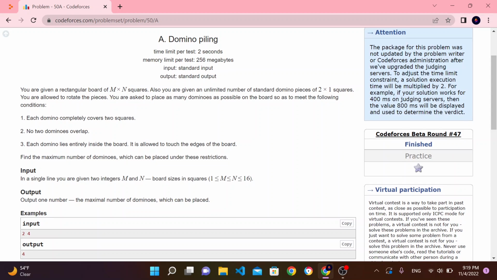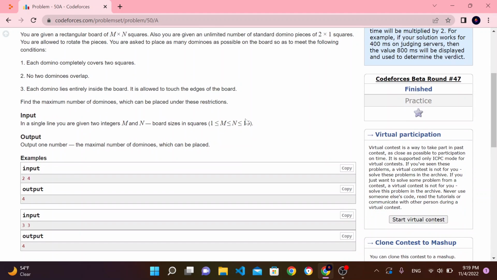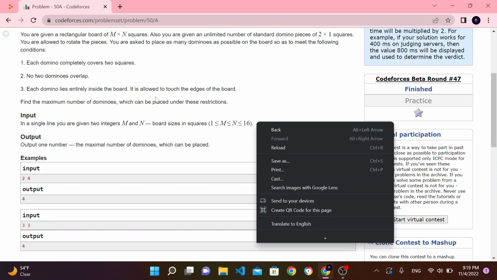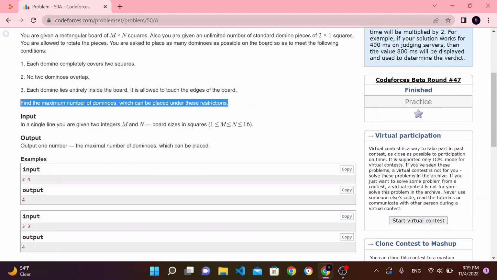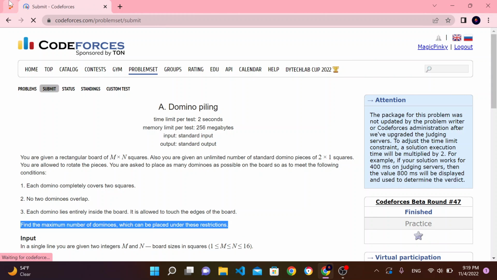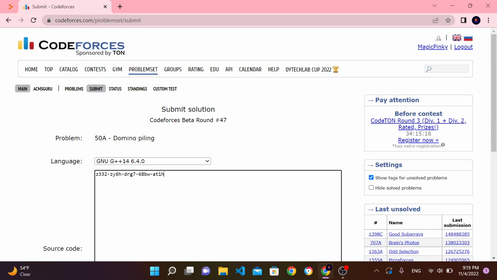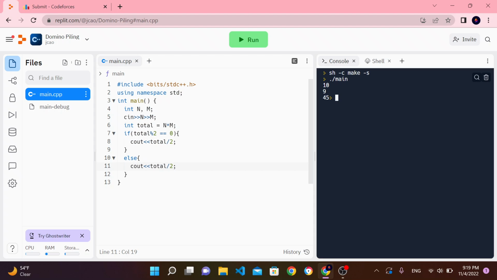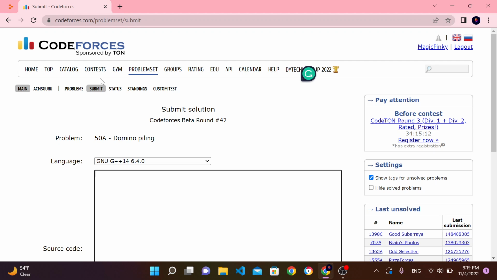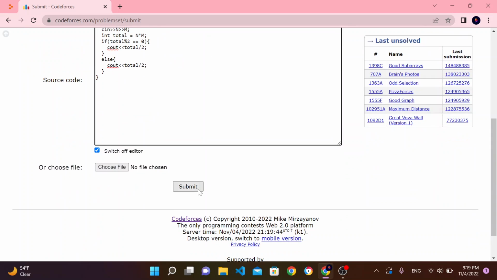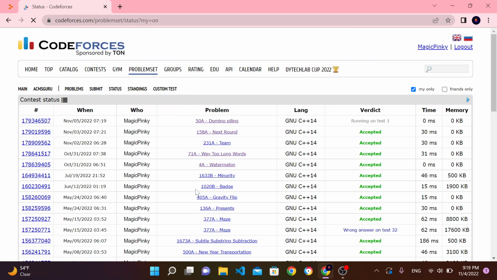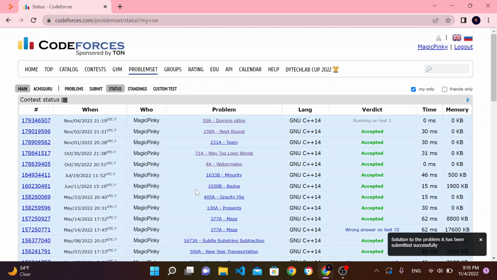Alright, let's see. Yeah, it can't be bigger than 16. So I probably shouldn't have put in that gigantic number. Oops, nope, not that. This. Should be accepted. Yep, okay.